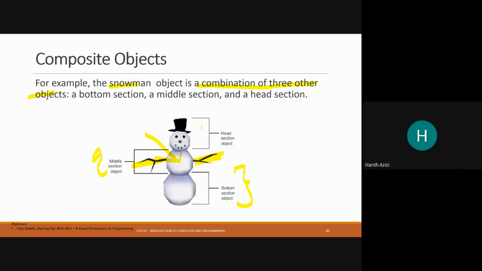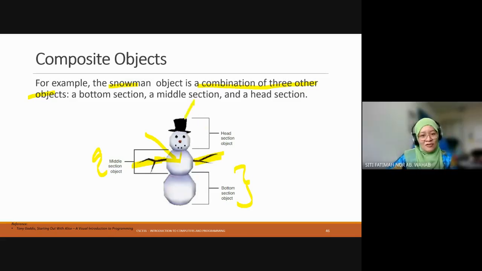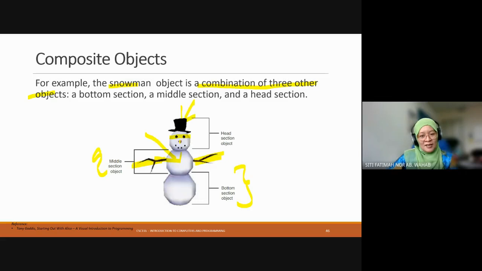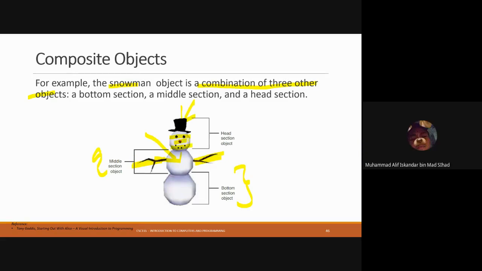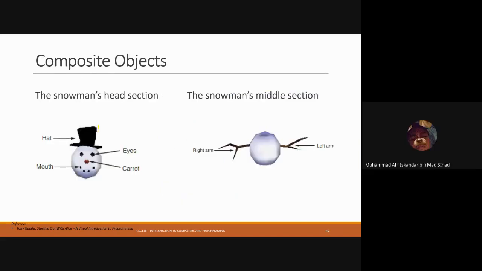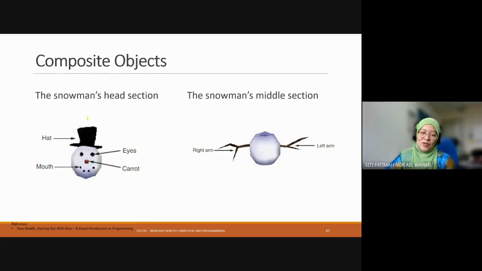Okay, the head section combination of head, eyes. This one is a carrot kan? And mouth. Okay. So that is what we call composite object, the combination of objects. The snowman head section dengan the middle section.